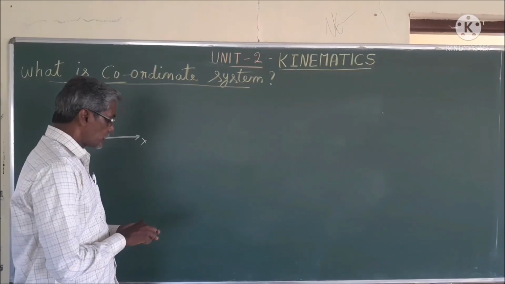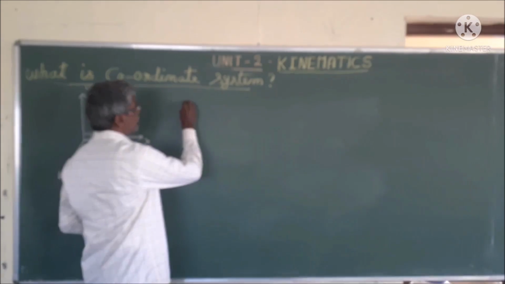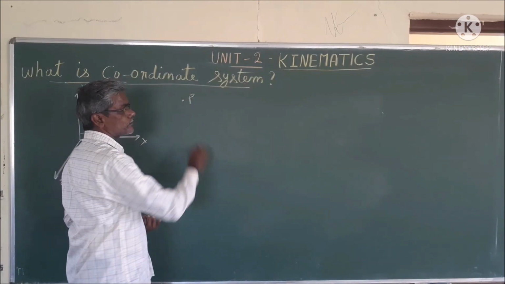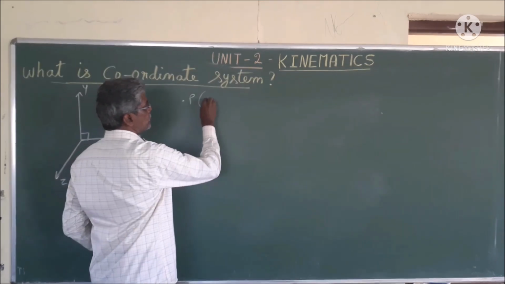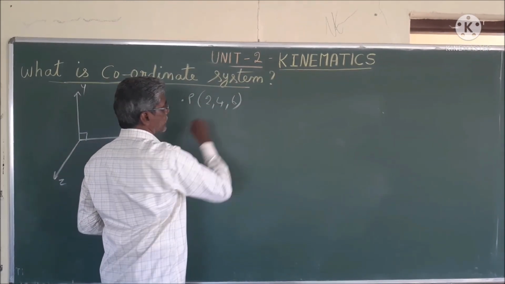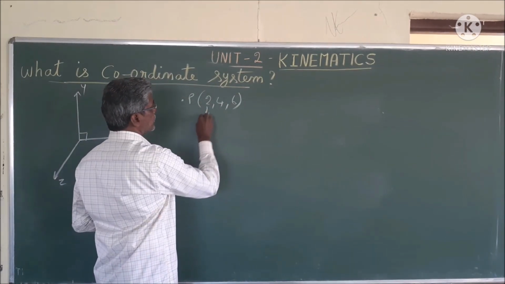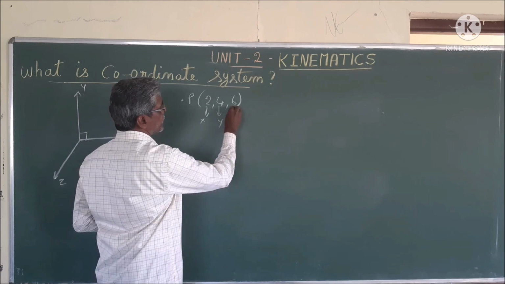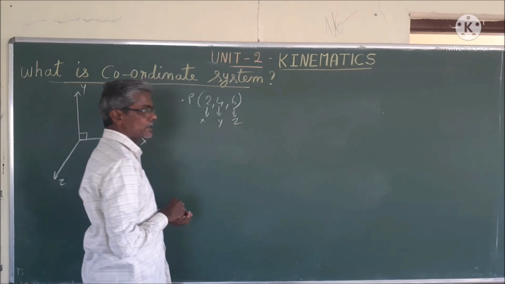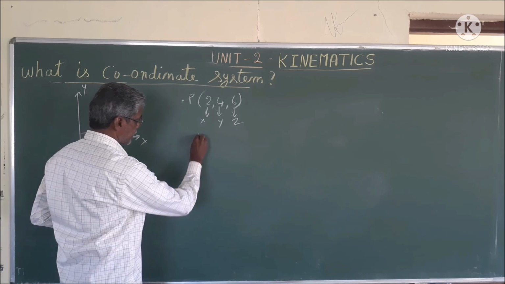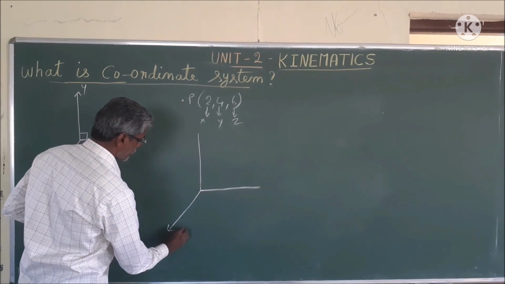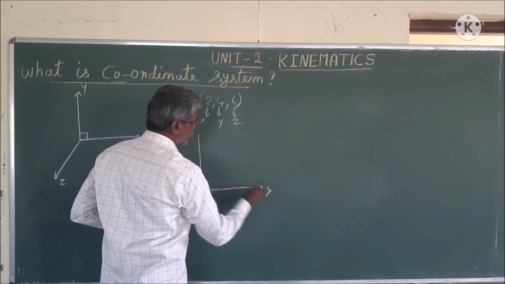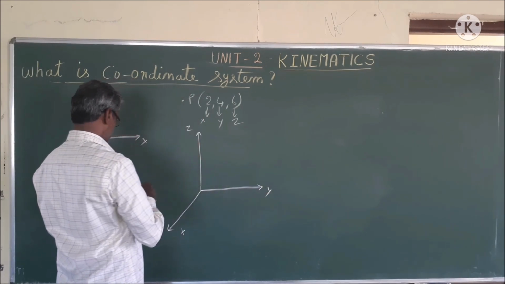Now, let us consider an example. I want to find out the position of P, which is at 2, 4, 6. This 2 represents x-axis, 4 represents y-axis, and 6 represents z-axis. Now you take a plane x, y, z.